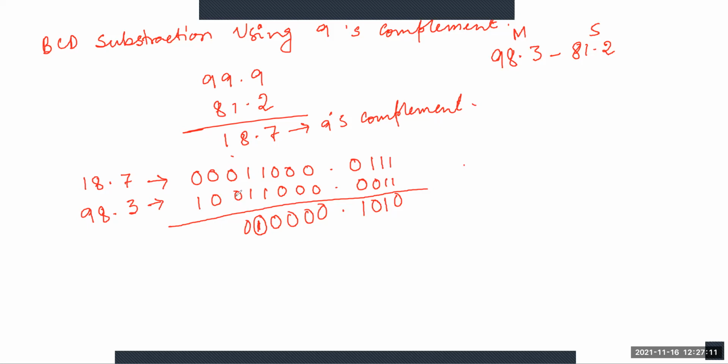Then 0 plus 0 plus carry 1 is 1. 0 plus 0 is 0, and 0 plus 1 is 1.